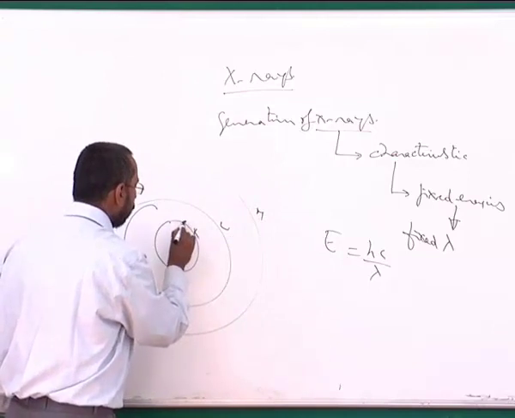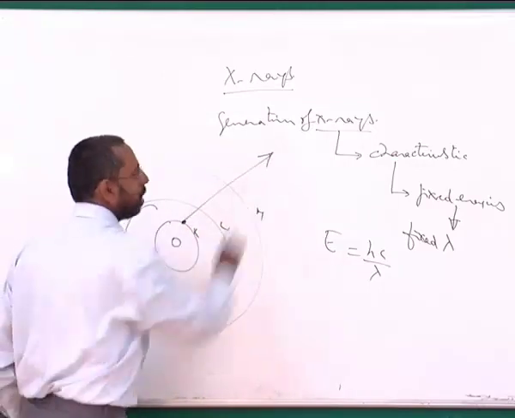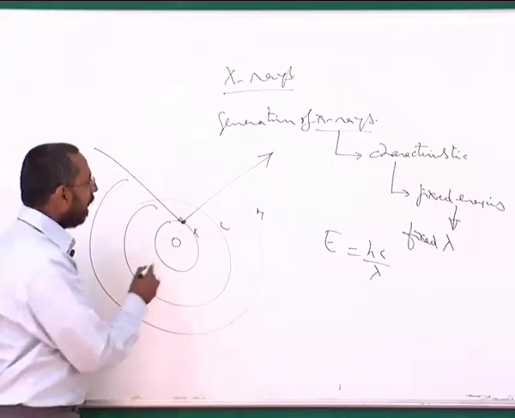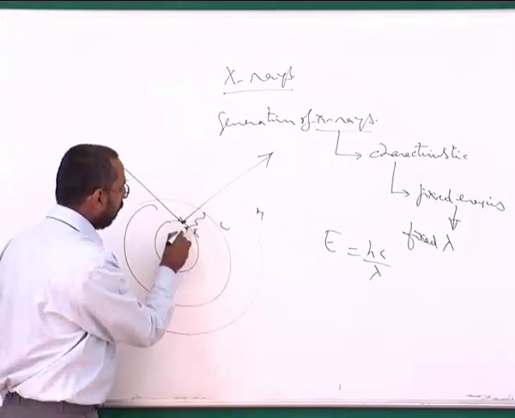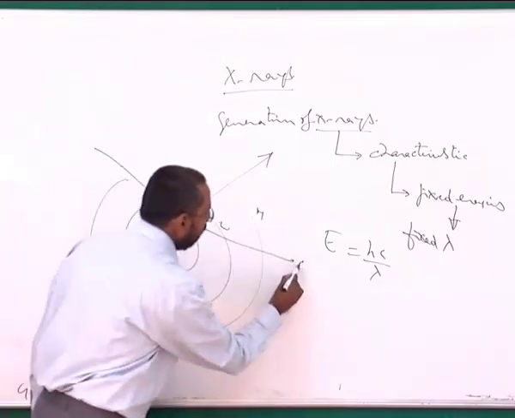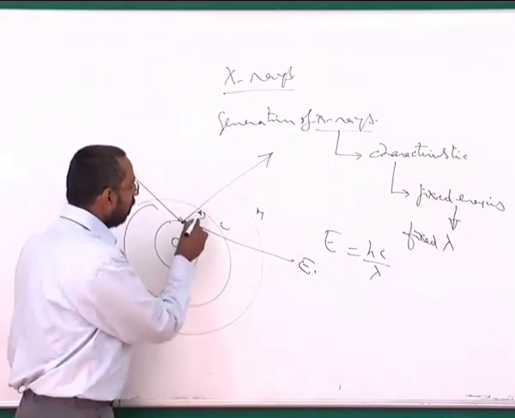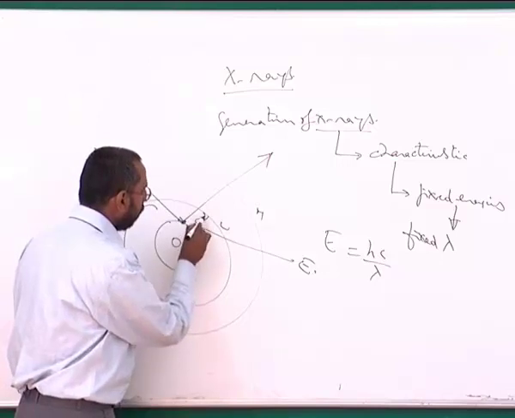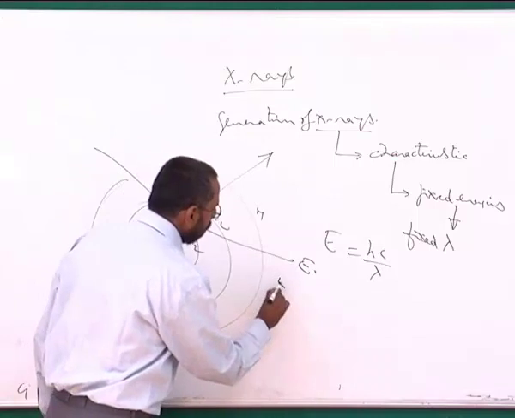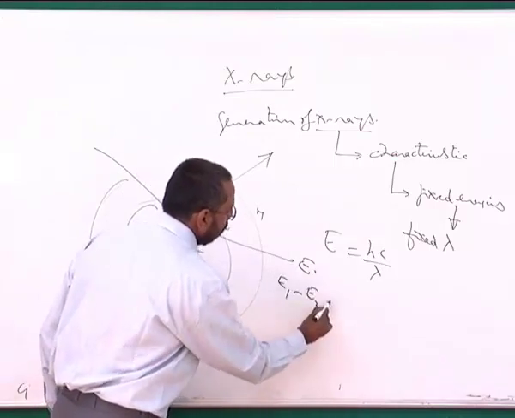If an electron from a K shell is knocked out by an electron beam falling on it, then another electron from a higher shell drops into it, and a certain energy is released, which is nothing but the energy difference between these two. If this is E1 and this is E2, it is E1 minus E2 that is released.